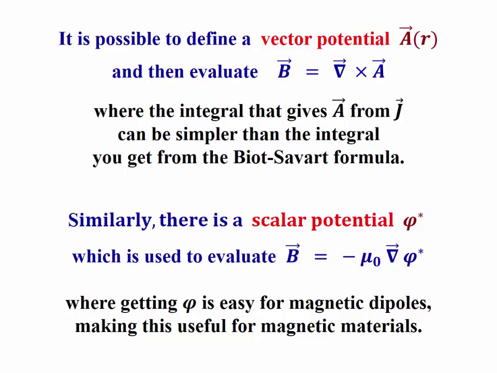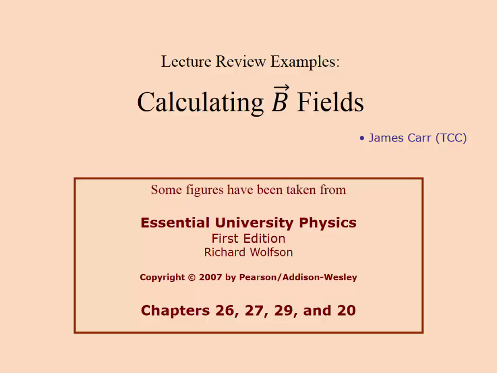And similarly, there's a scalar potential called phi star, which you can use to get the magnetic field from negative mu naught, the gradient operator applied to phi star. It turns out it's easy to get phi for magnetic dipoles, collections of magnetic dipoles, which makes it a useful technique for magnetic materials. Like if you're trying to design a magnet that will have a particular magnetic field, you can use this kind of technique to attack that problem. So again, I'll just end here.